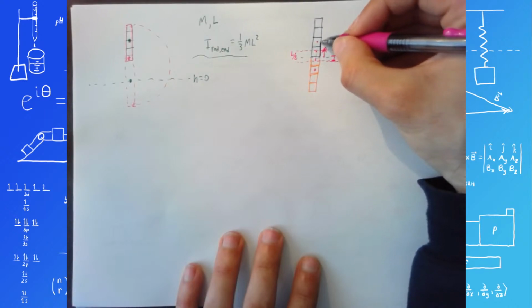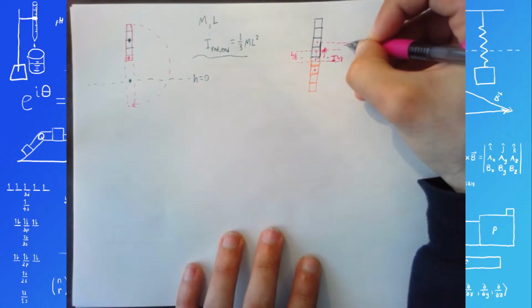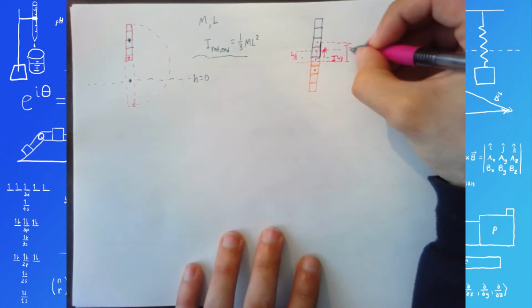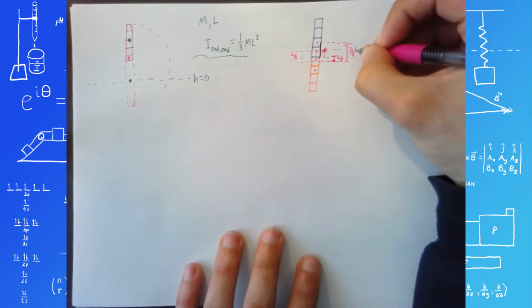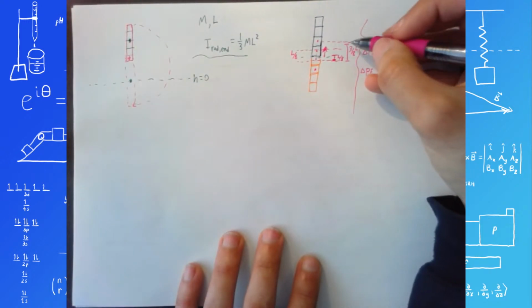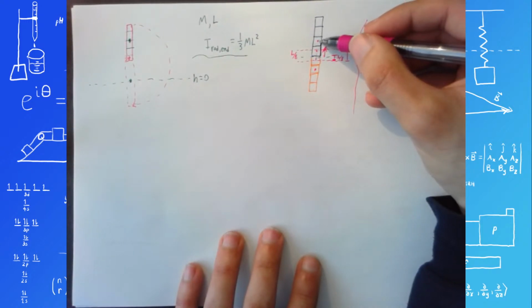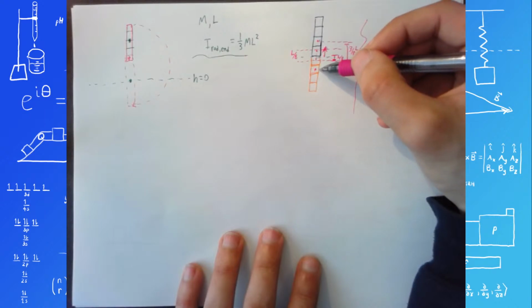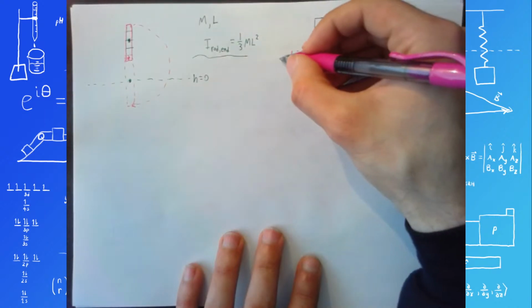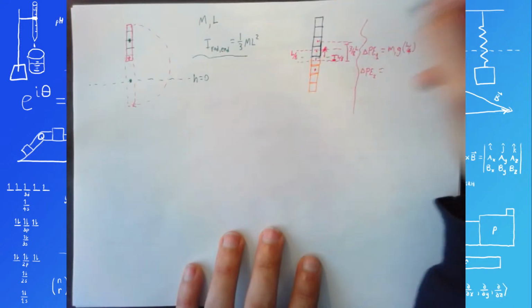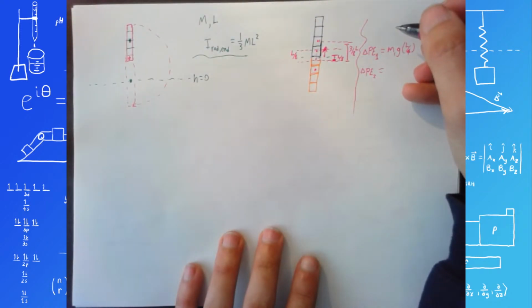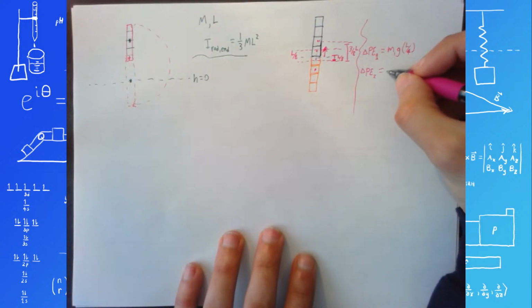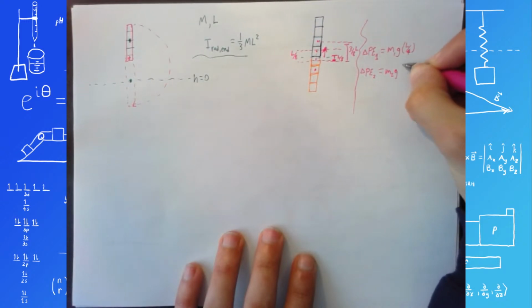So 1/4 plus an 1/8, this over here would be at 3/8 L. And it would have gone from 3/8 L above to 3/8 L below this axis, whatever you want to call it. So in total, it would have moved 6/8 or 3/4. So M2 times G times 6/8 or 3/4 L, 3L over 4.